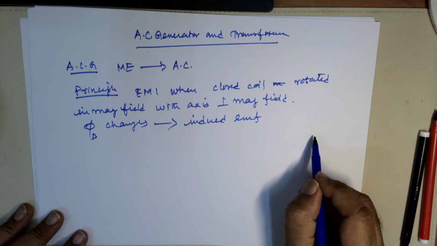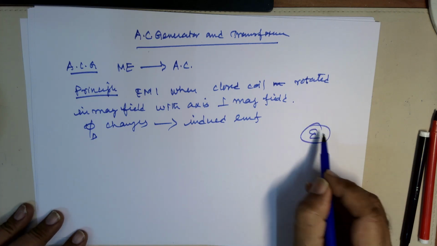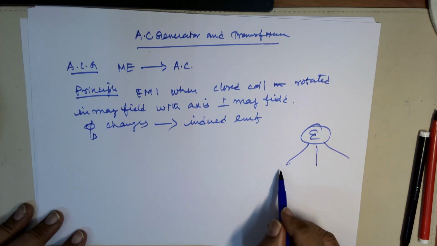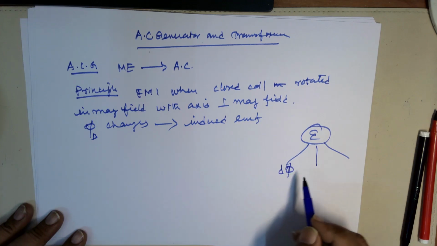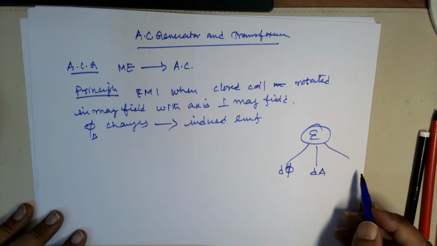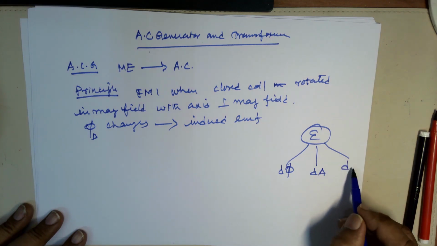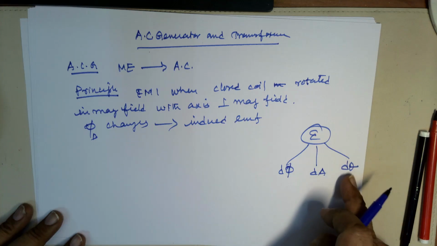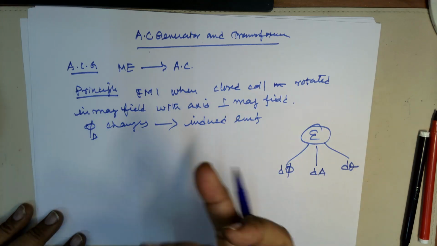I have already discussed that this kind of induced EMF can be obtained in three ways. What are those? By changing the flux, by changing the area, by changing the theta. Here we are changing the orientation, rotating.